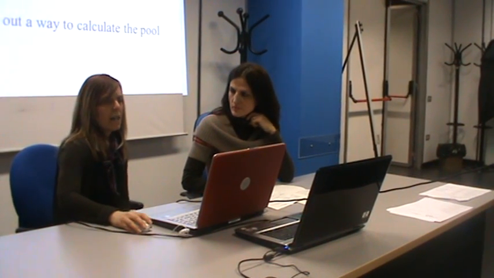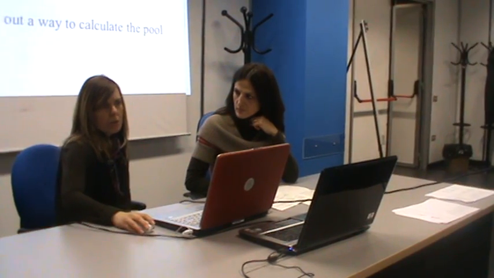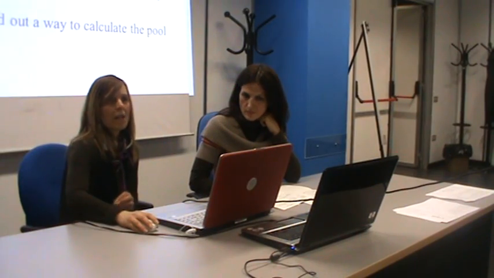They discuss the problem of the area of the pool, and we want them to reflect on this problem. When we don't have the solution for a problem, we try to give an approximation of the solution.